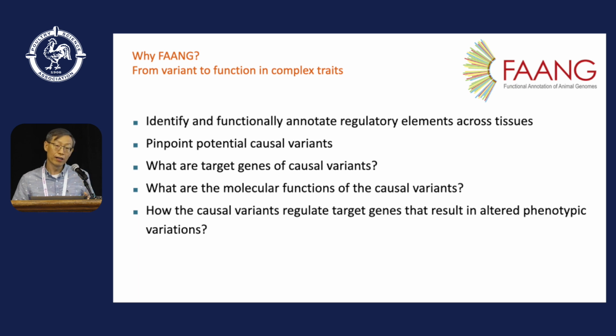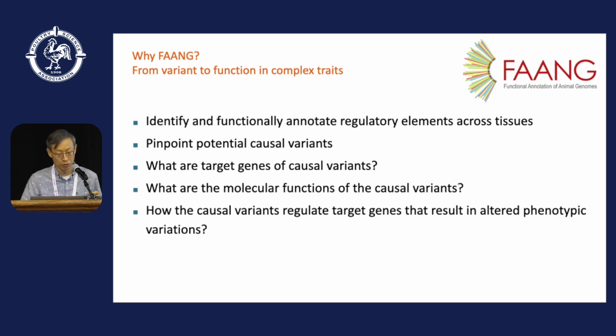So why FAANG, the Functional Annotation of Animal Genomes? Basically, it is about going from genetic variant to function in complex traits. First, we need to identify and functionally annotate those regulatory elements across many different tissues, different developmental stages, and different physiological statuses. Then we can integrate all that functional information into GWAS to pinpoint potential causal variants.